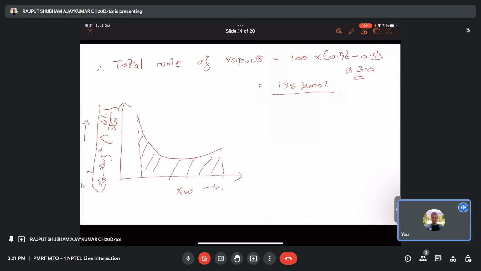The area under the curve will be 3. So this is what I have taken up here, the area under the curve.